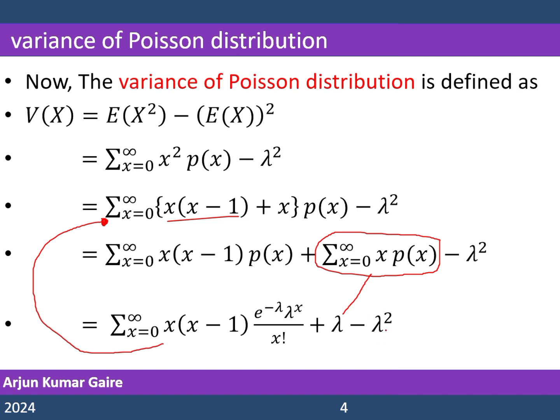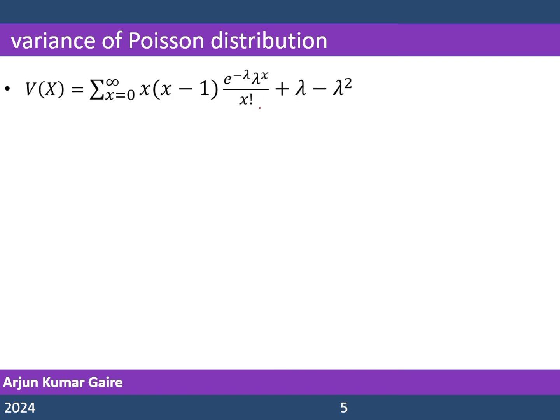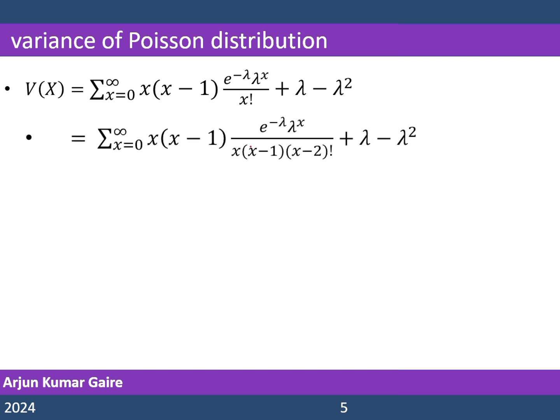This lambda square is the square of the expected value, and in the usual manner we expand x factorial. X factorial is expanded here into x, x minus 1 and x minus 2 factorial, and these terms cancel out. Observing this x minus 2 factorial in the denominator, we make lambda to the power x as lambda to the power x minus 2, and this minus 2 is balanced by lambda square.